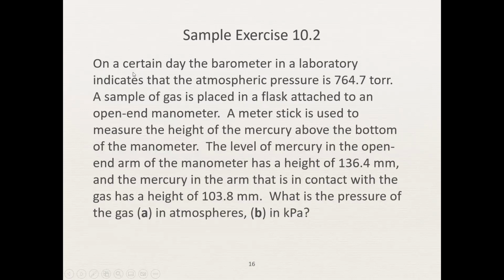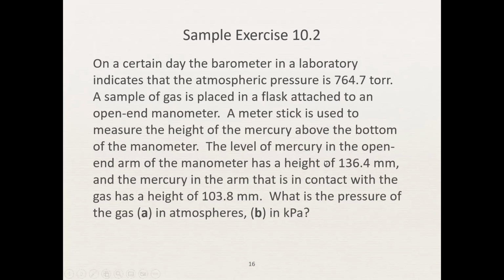So with a question like sample exercise 10.2, on a certain day, the barometer in a laboratory indicates that the atmospheric pressure is just a smidge over 1 atmosphere, so just a little over 760 torr. And then a sample of gas is placed in the flask attached to an open-ended manometer. A meter stick is used to measure the difference in height in the mercury.